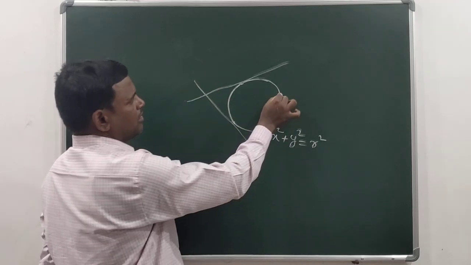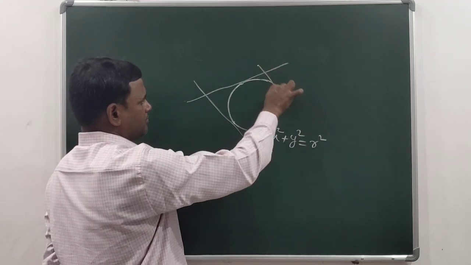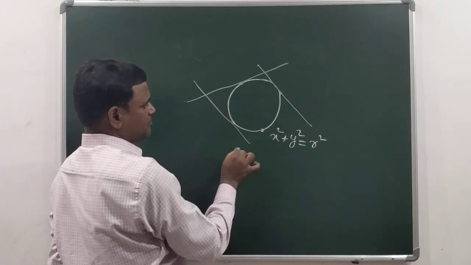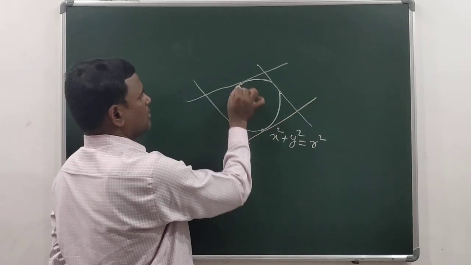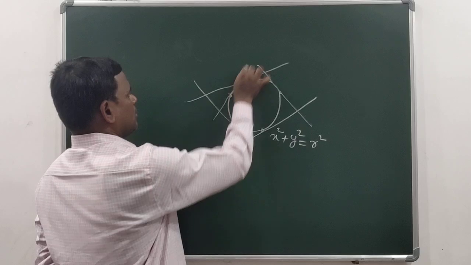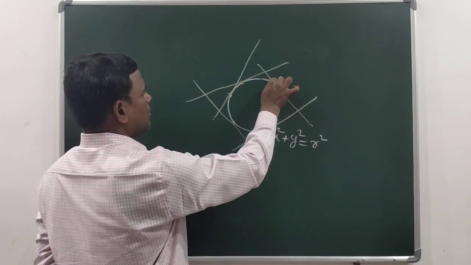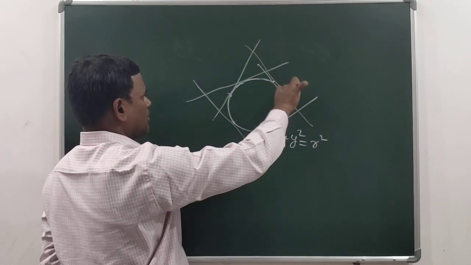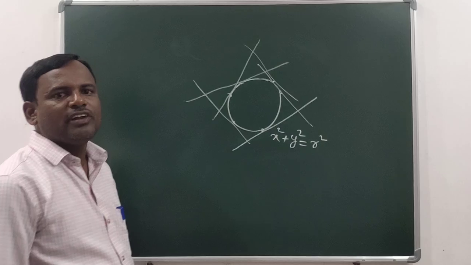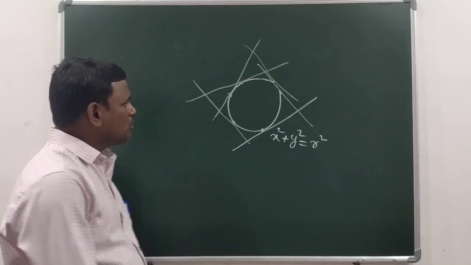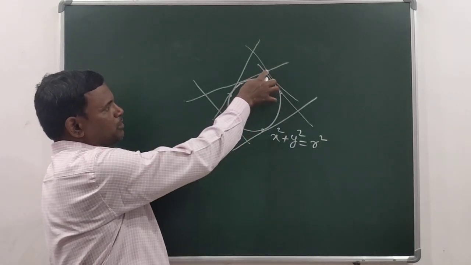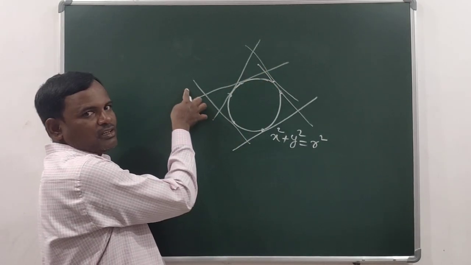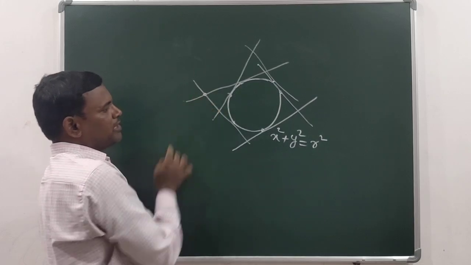Like this you can draw infinitely many tangents. So these tangents, suppose observe this pair of tangents which are intersecting at this point.